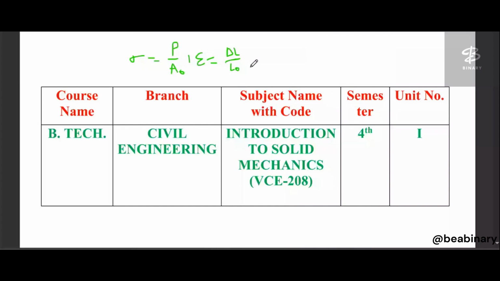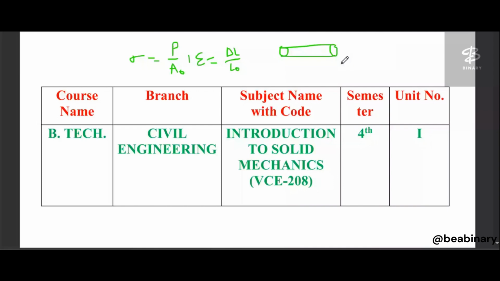It may depend on the figure or the components. So remember, while the length of the rod changes, its cross section area also changes. Suppose this is the bar, or the rod. This is the original length L naught, and this is the cross section area.